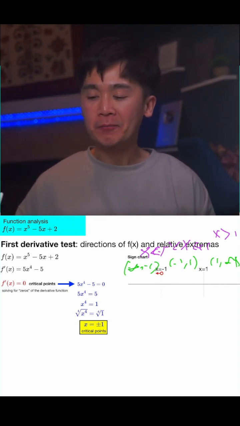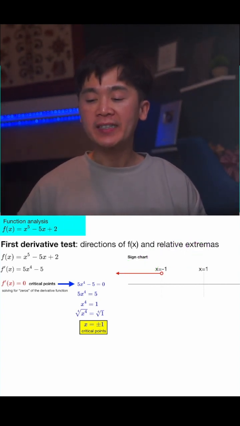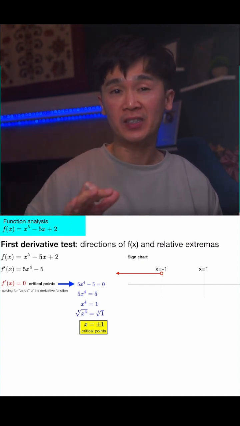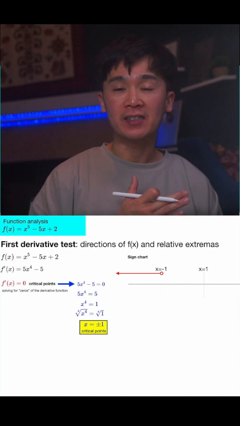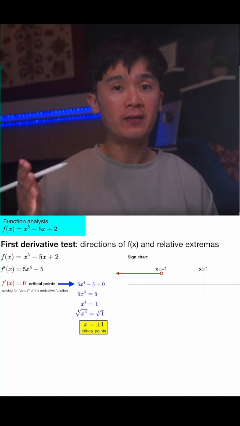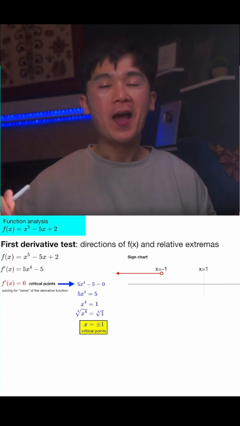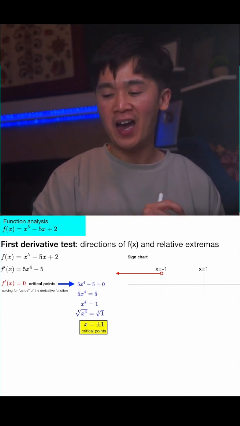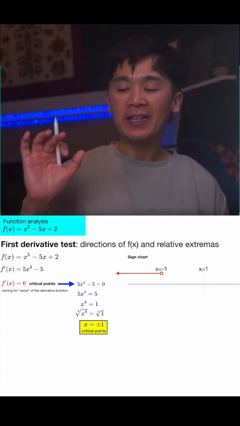So in this first interval, we're going to check the value of our derivative for any values of x that are less than negative 1. It can't be negative 1, but it could be negative 2, negative 3, negative 4, or negative 5. Why can it not be negative 1?